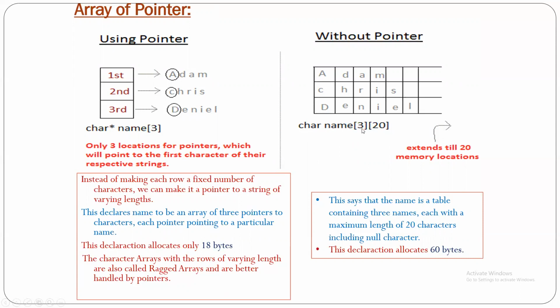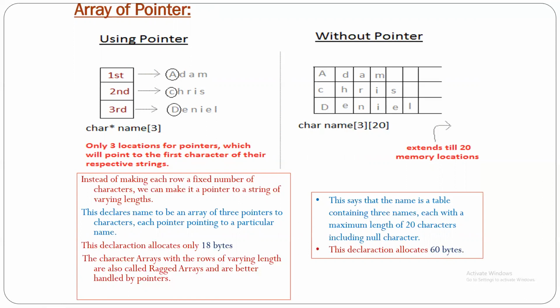That means I can store three strings in my array, and each of these strings can have a maximum length of 19 characters, with one last value for null.